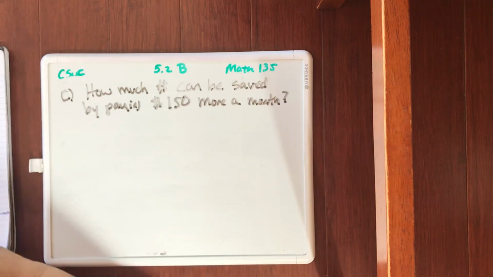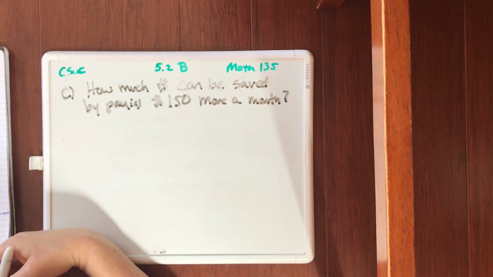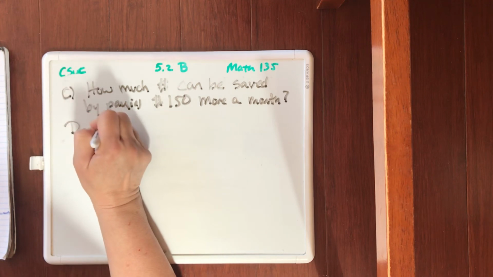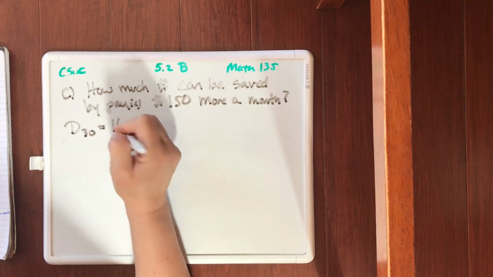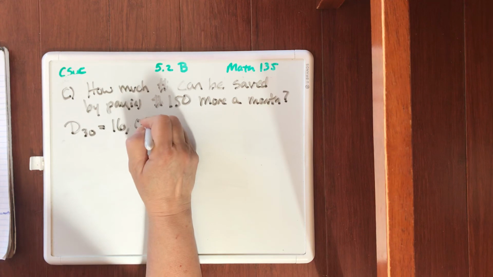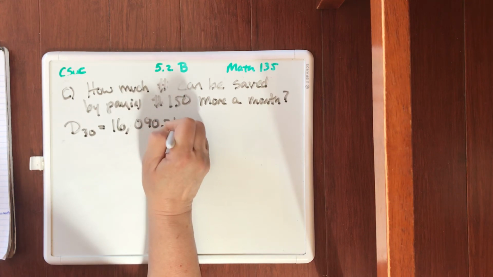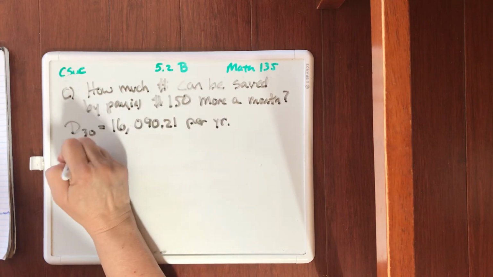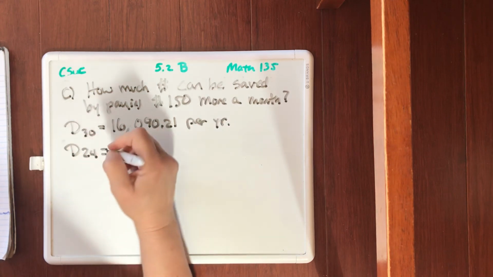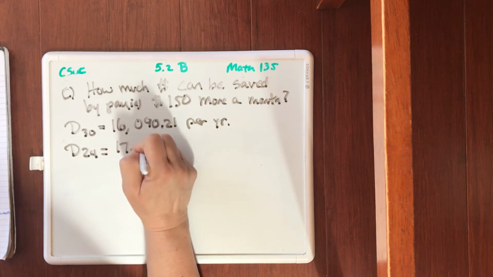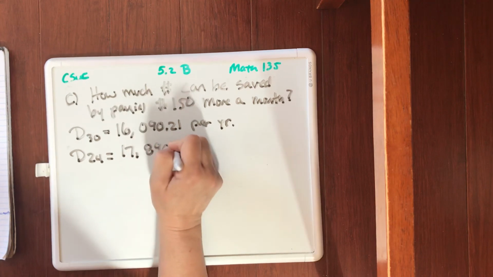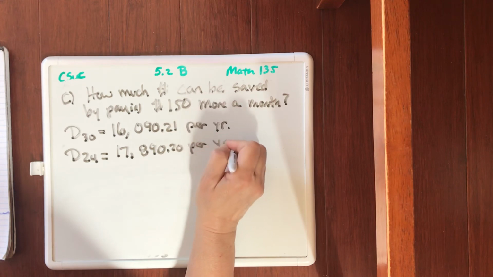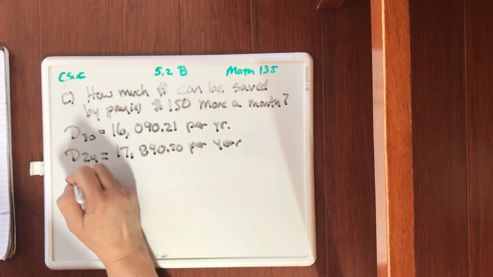Well, we know D for 30 years was $16,090.21 per year, and D for 24 years, which we just did, ended up being $17,890.20 per year.